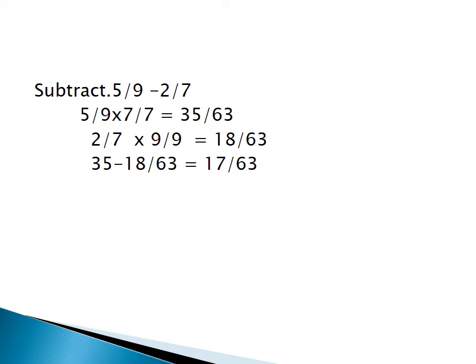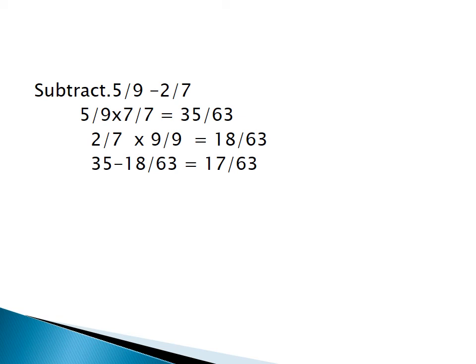Now, write down the second fraction, that is 2 by 7, and multiply by the denominator of first fraction, that is 9. 2 by 7 multiply by 9 upon 9. 9 2s are 18, 9 7s are 63.